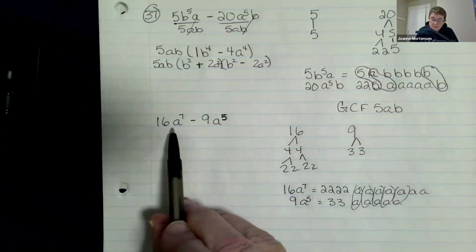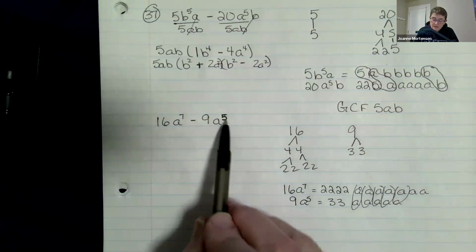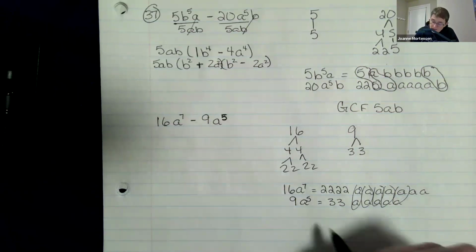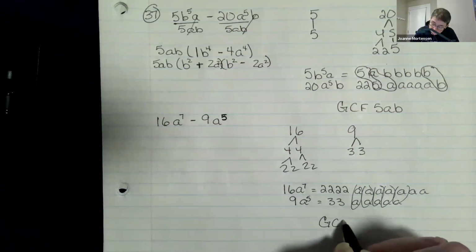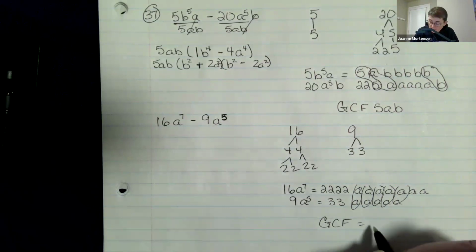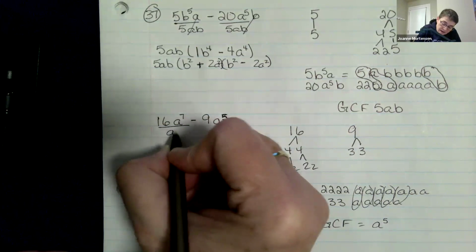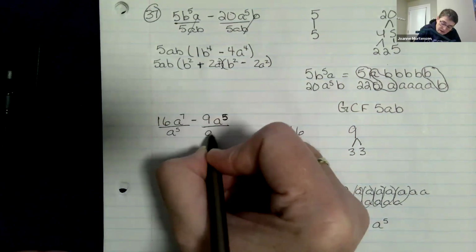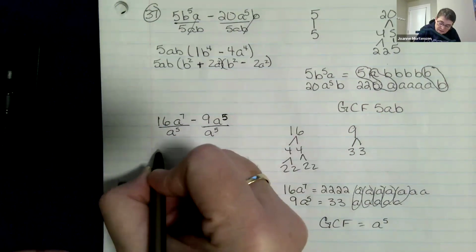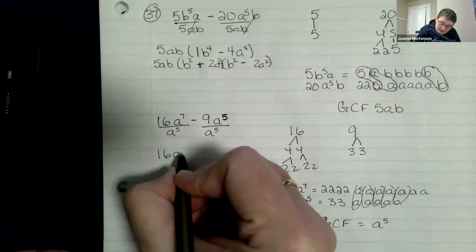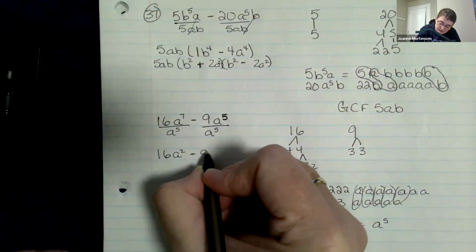So I've got A's in both, 5 is the lowest one. Sure enough, greatest common factor. I'm not going to write all of these up, but there it is. So a to the 5th, a to the 5th. So it's going to be 16a squared minus 9.